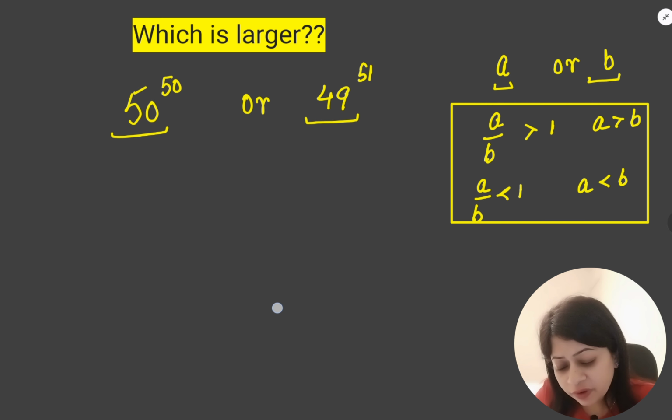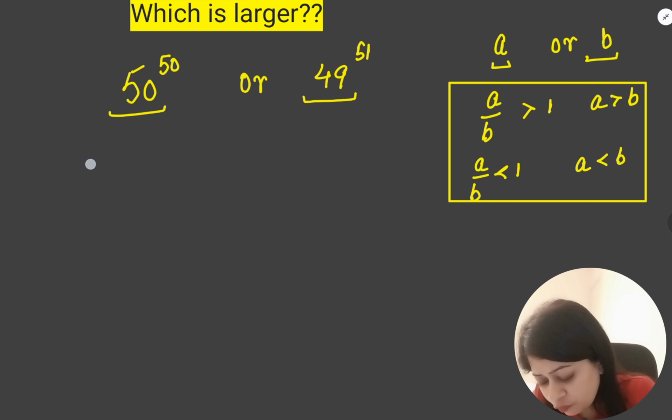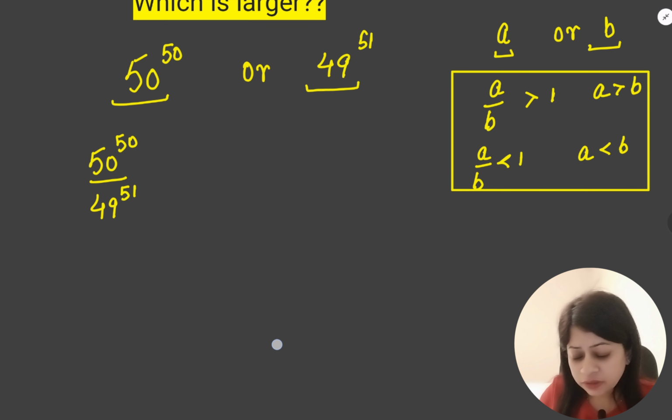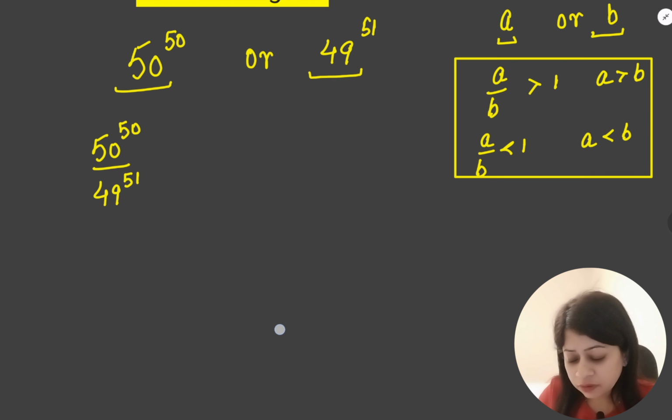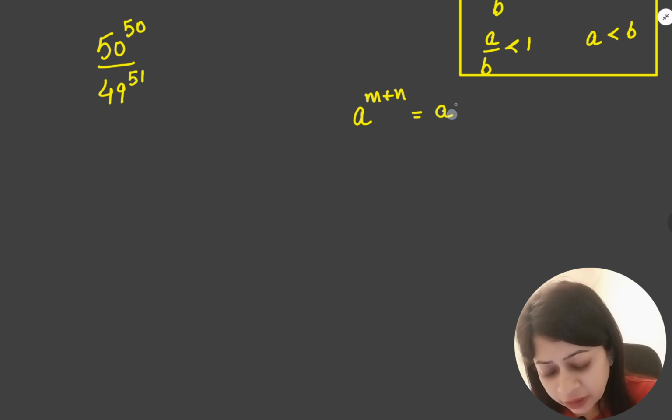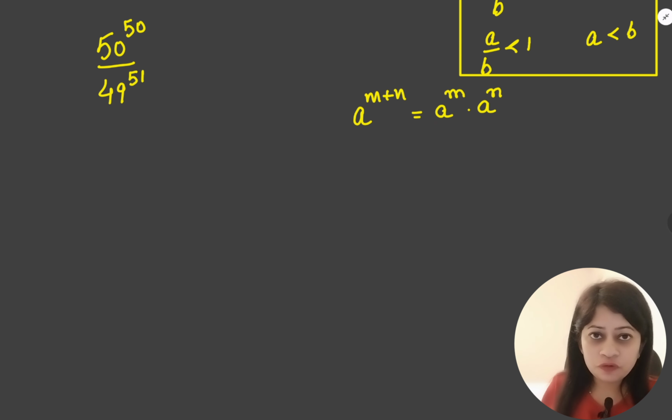We will try to find 50 raised to power 50 by 49 raised to power 51. We will somehow break this. We know this exponent formula that a raised to power m plus n can be written as a raised to power m times a raised to power n.